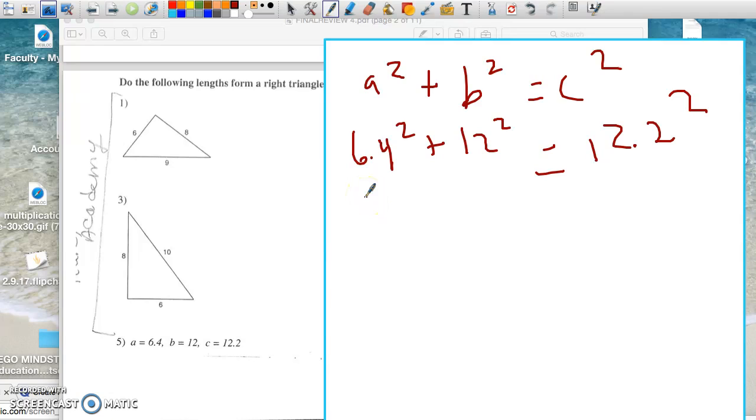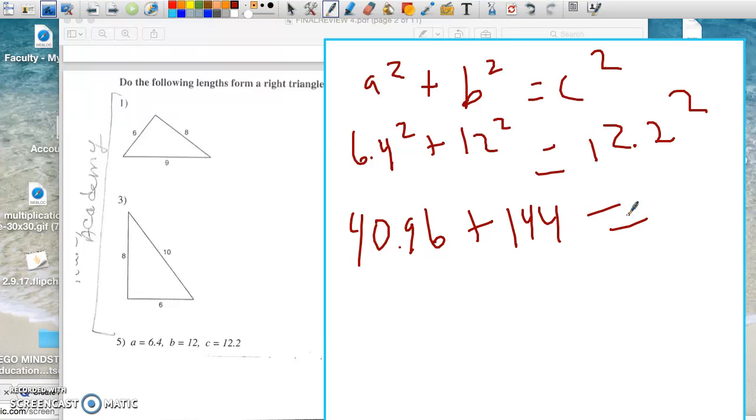Let's do the math. 6.4 squared, that's 6.4 times 6.4, I get 40.96, plus 12 times 12, which is 144, equals 12.2 times 12.2, 148.84.